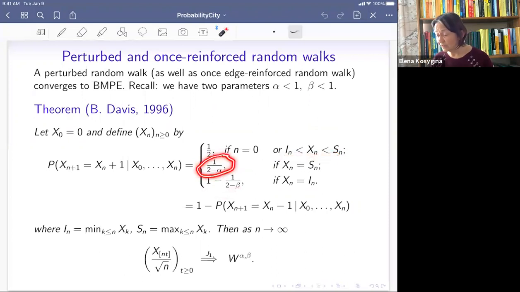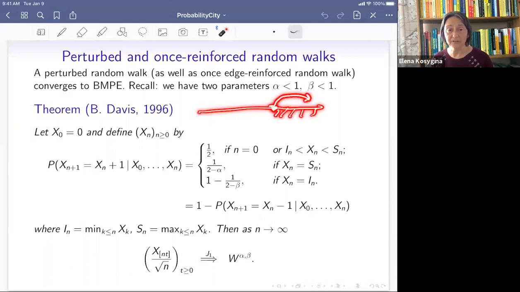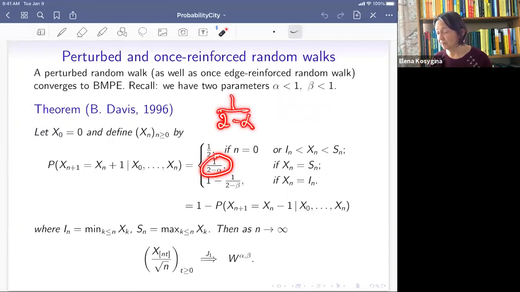You might be wondering why here I have 1 over 2 minus alpha. This is actually very simple, and this is how the parameter alpha arises in this limit. Once you come to the boundary of the range, you don't necessarily jump there. It takes you a geometric number of attempts to increase the maximum to the next one. So if this is P, your drift is 1 over 2 minus alpha times 2 minus 1, so that's a 2P minus 1 drift.